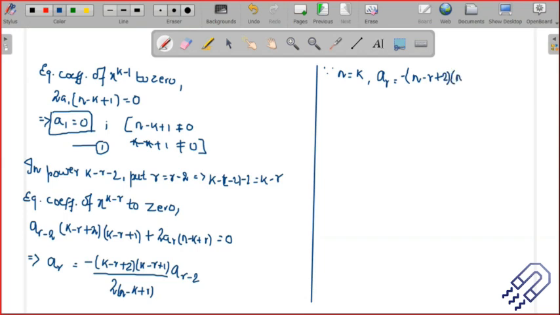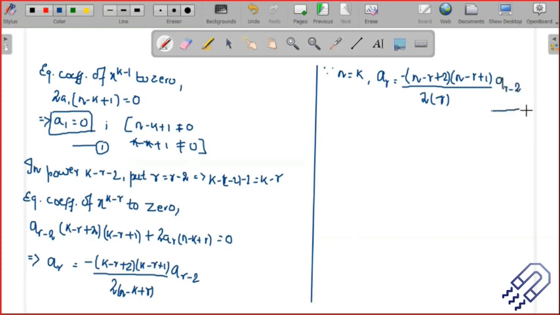In place of k again I'll put n, so it is n minus r plus 1, divided by 2 times r. Because this is r, this is not 1, so it is n. In place of n I'll put k, so k minus k will go out, and then we'll just have r, and then we have the expression times ar minus 2.